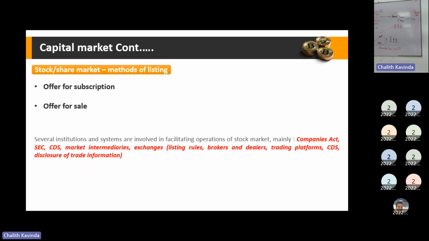So: what is offer for sale with an example, then the steps to purchase shares in the stock market manually as well as electronically, online. I will create the link, you can upload it.